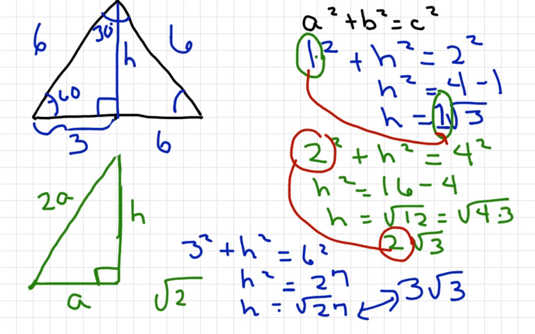Remember, 27 is 9 times 3. Square root of 9 is 3, so that we get that. So now you just came up with your formula for the 30, 60, 90 triangle, and our h, in this case, is always going to be A root 3.